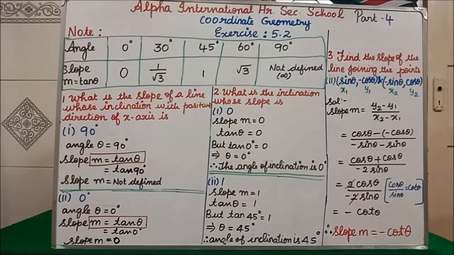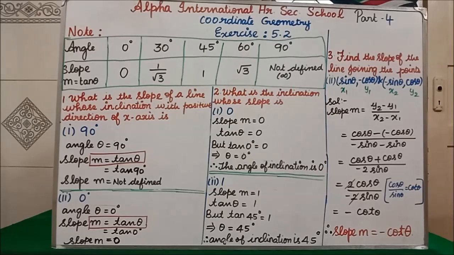Now let's see the third question. Find the slope of the line joining the points. Before, when I gave the definition of slope, I gave 3 formulas.